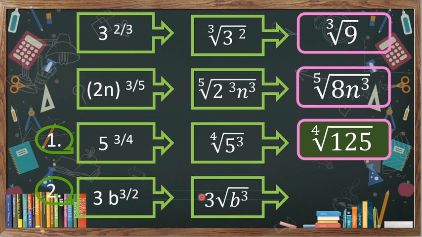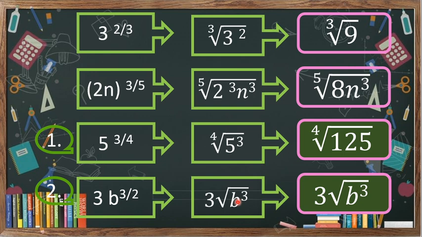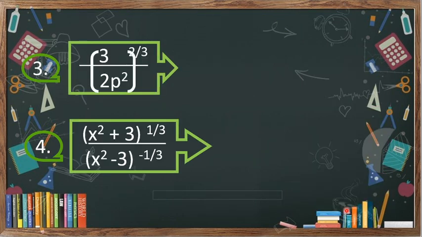And then the 2 here is imaginary because it is called a square root. So the 2 is imaginary and 3 is the exponent of the radicand. Next, simplify. And our answer here is already in simplified form. Number 3.